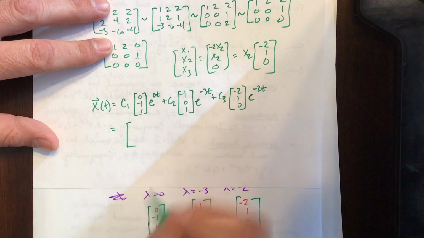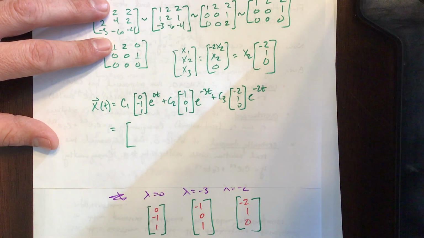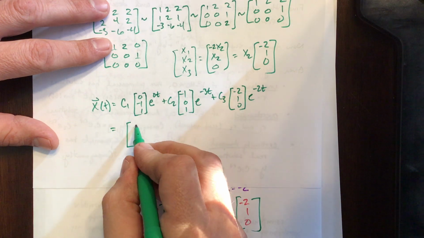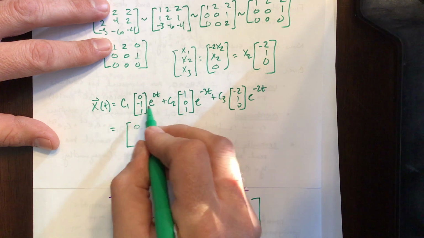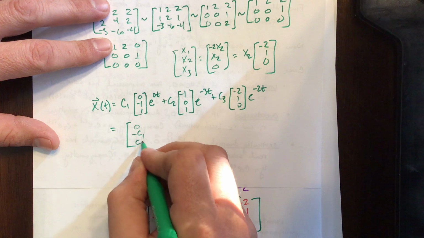Combine all of that together. E to the 0t, that's just what? 1. So c1 times 0, that's 0. That's 1, so that's minus c1. That's c1.